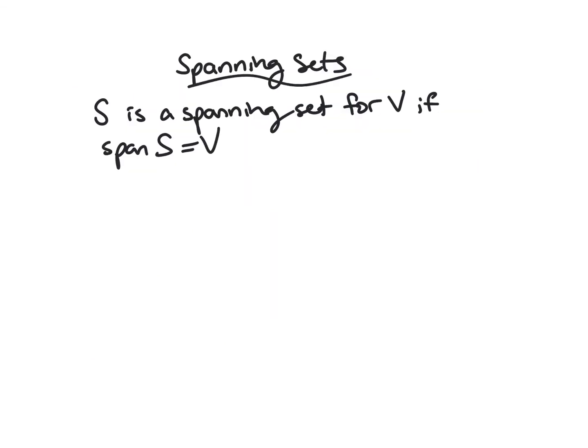So we've already gotten a few examples of these things, but these are called spanning sets. So a spanning set for a vector space is a set so that its span is the entire vector space. So again, we saw that R2 is the span of (1, 0) and (0, 1).